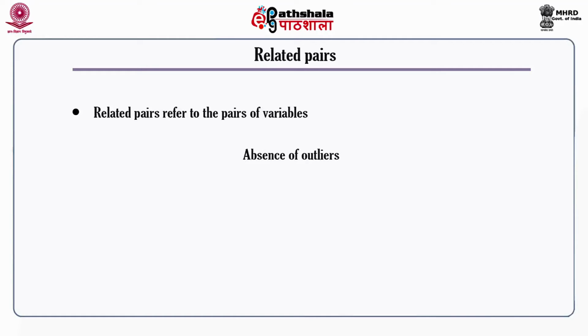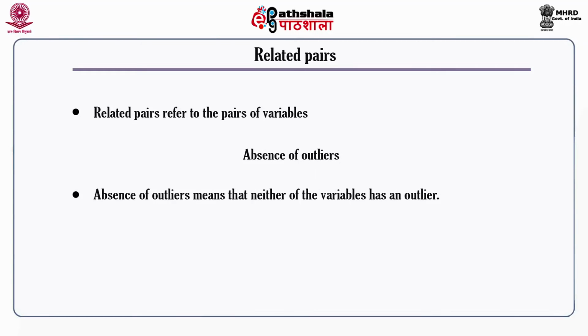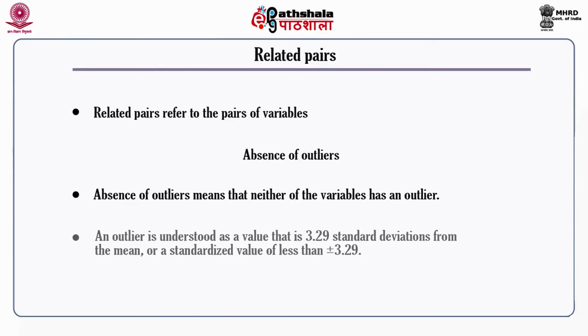Absence of outliers. Absence of outliers means that neither of the variables has an outlier. An outlier is understood as a value that is 3.29 standard deviations from the mean or a standardized value of less than plus minus 3.29.